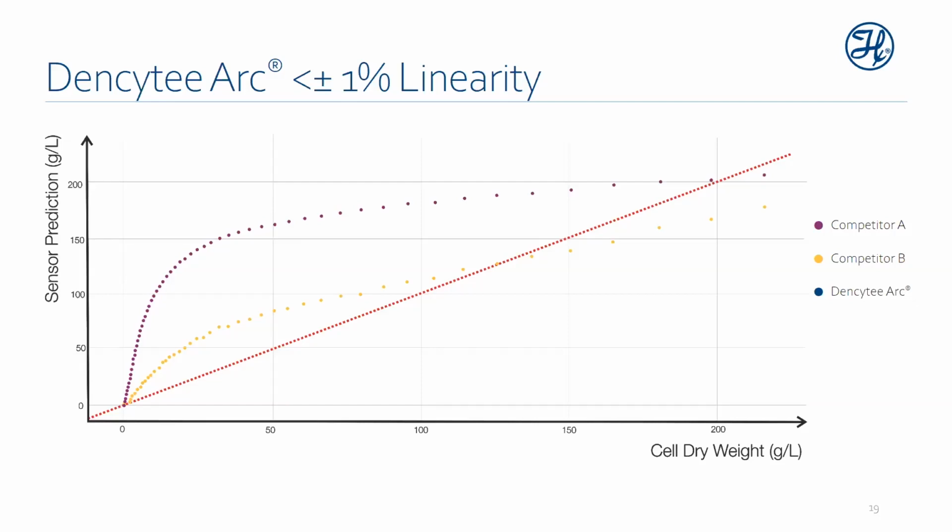By combining the reflection and transmission modes into a single output signal, the Dencytee Arc is able to maintain linearity throughout the entire measurable range here and doesn't suffer from that inherent saturation characteristic that we see in transmission-based systems as you get to the higher cell densities.